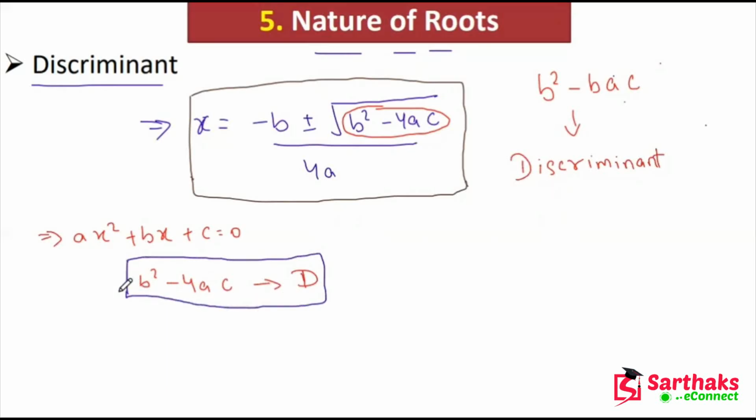The discriminant determines the nature of roots of the quadratic equation based on its coefficients. It may be positive or negative.